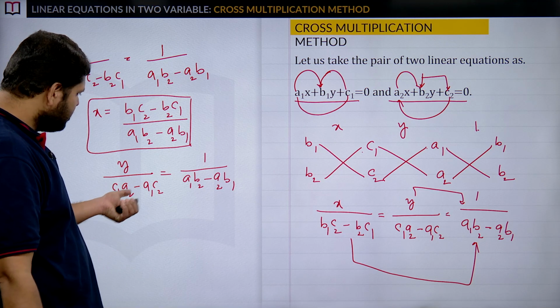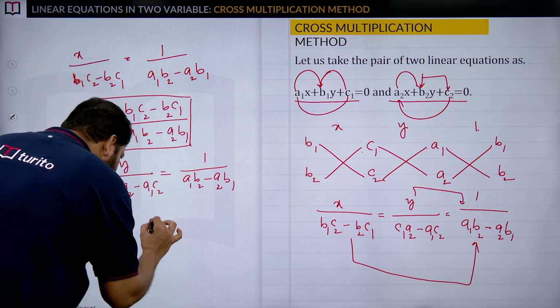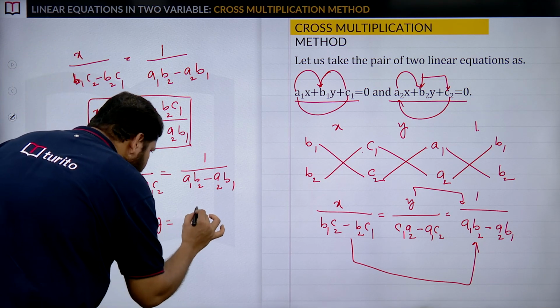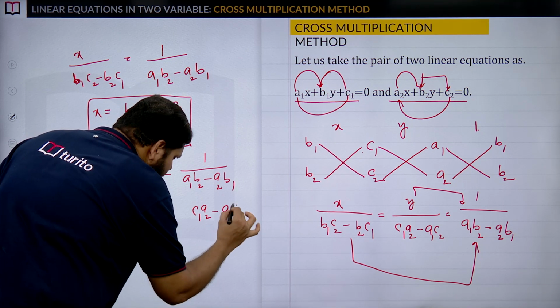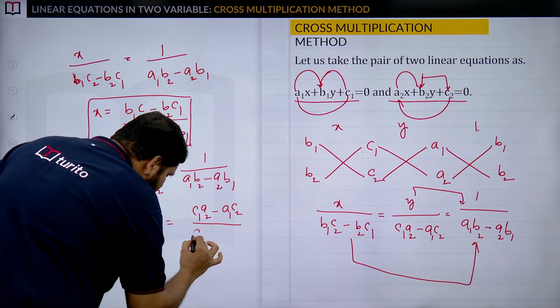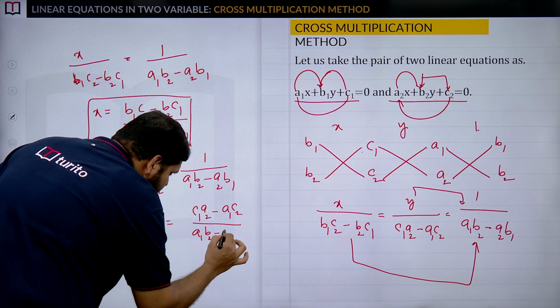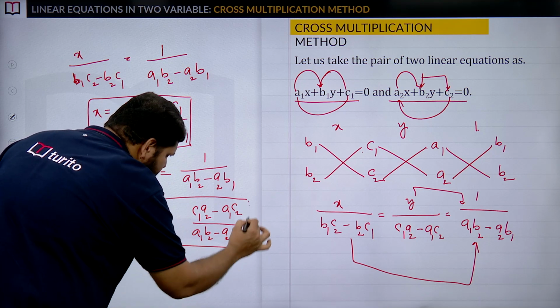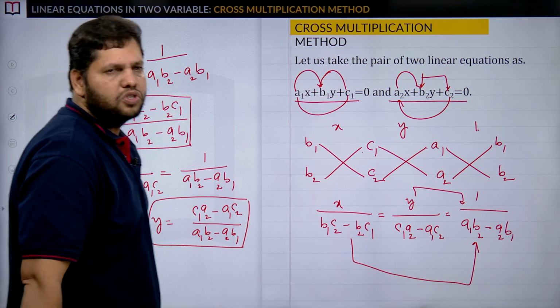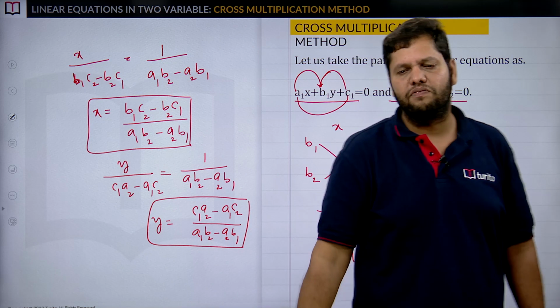And this denominator we send like numerator here. So y is equal to c1 into a2 minus a1 into c2, divided by a1 b2 minus a2 b1. So this is the y value. Clear, children? So we got the x value and we got the y value.